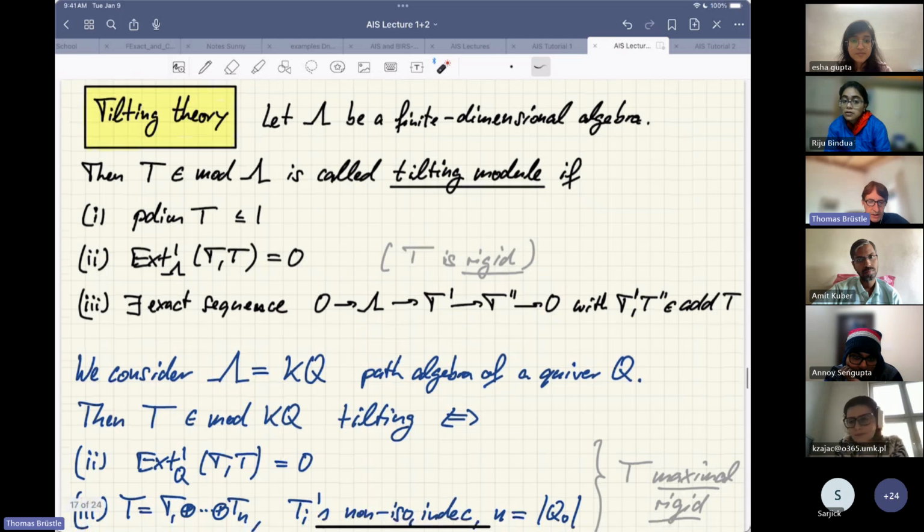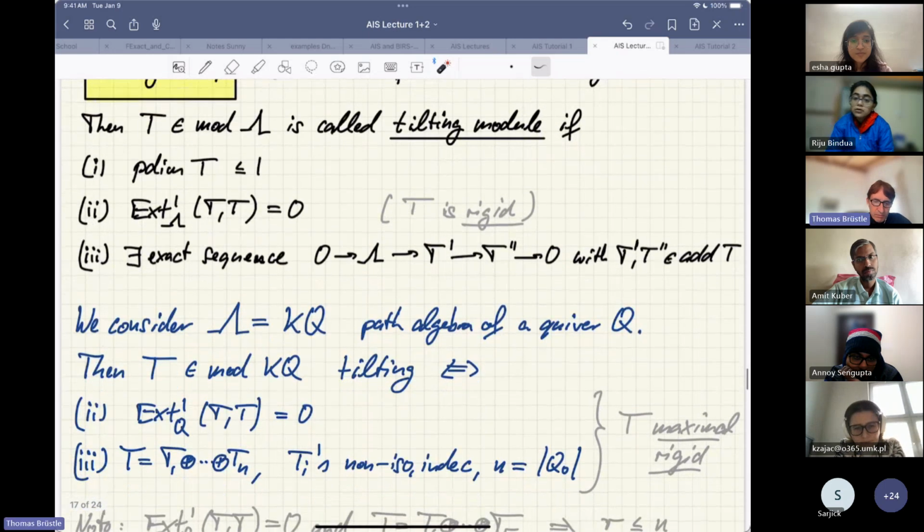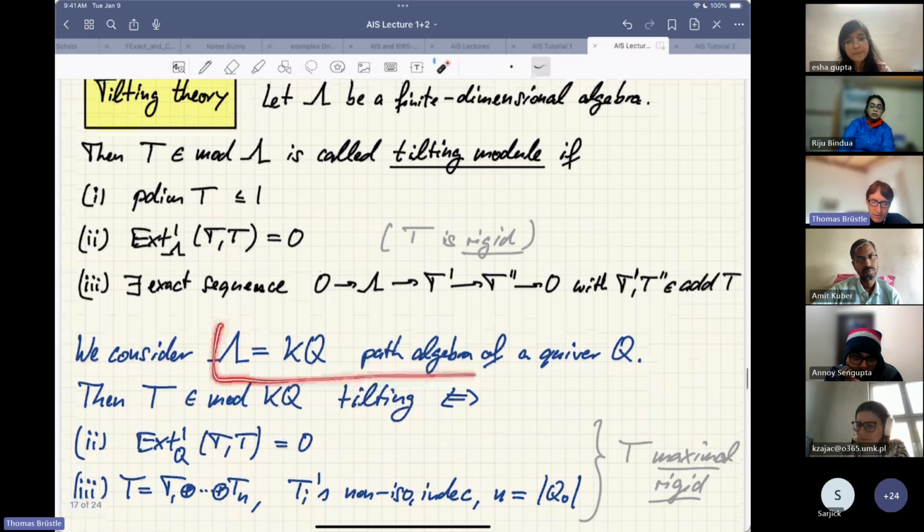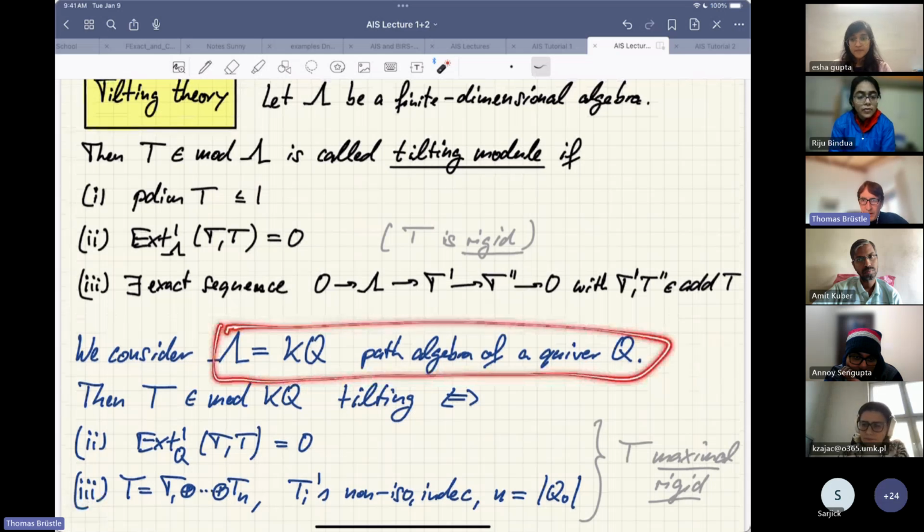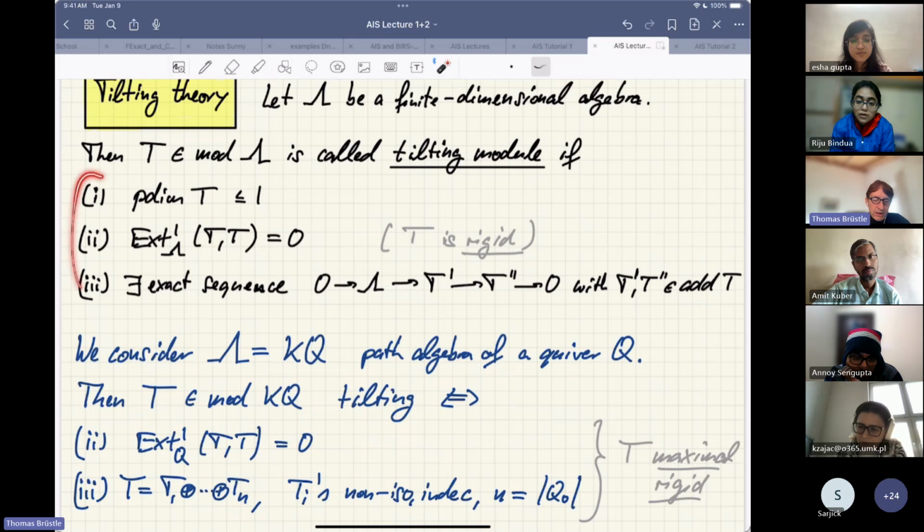When we consider the path algebra of a quiver, as we do here, I only consider quivers, no relations, then those conditions become easier. First thing, the projective dimension is always bounded by 1 because this is a hereditary category. So I can completely delete this condition.